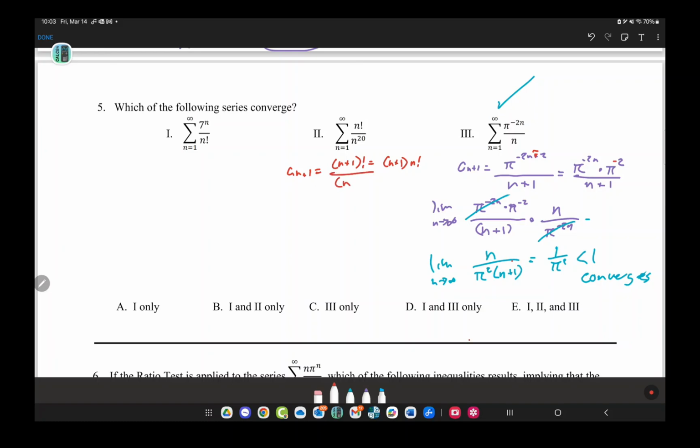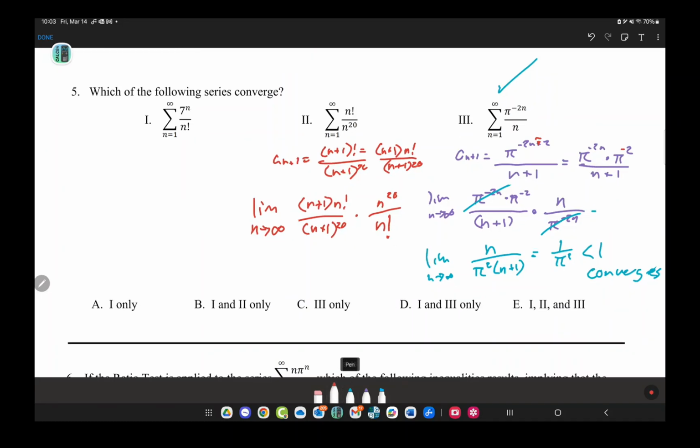Over n plus 1 to the 20th, n plus 1 to the 20th. So the limit times n to the 20th over n factorial. Why is the denominator n plus 1 to the 20th?